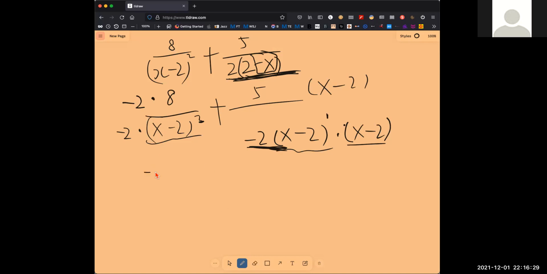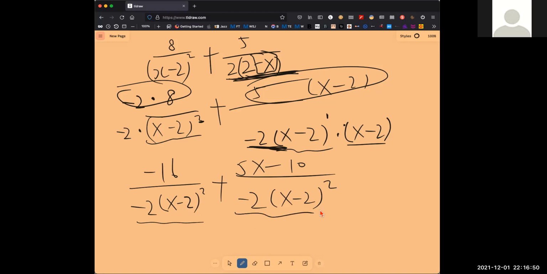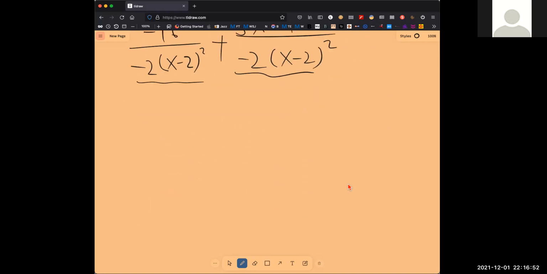So this one you will get minus 16 above here over minus 2 x minus 2 bracket square. And then for this one, you will get plus 5x minus 10, and then below, you will get minus 2 x minus 2 bracket square. Can you see that the same denominator already? Yeah. You can just combine the numerator.